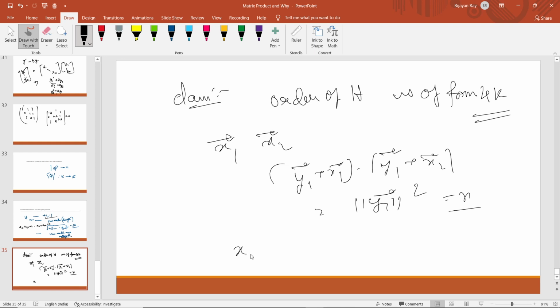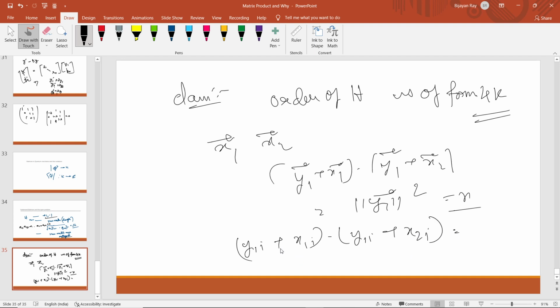Consider the ith element of this y. So y1i plus x1i dot y1i plus x2i.